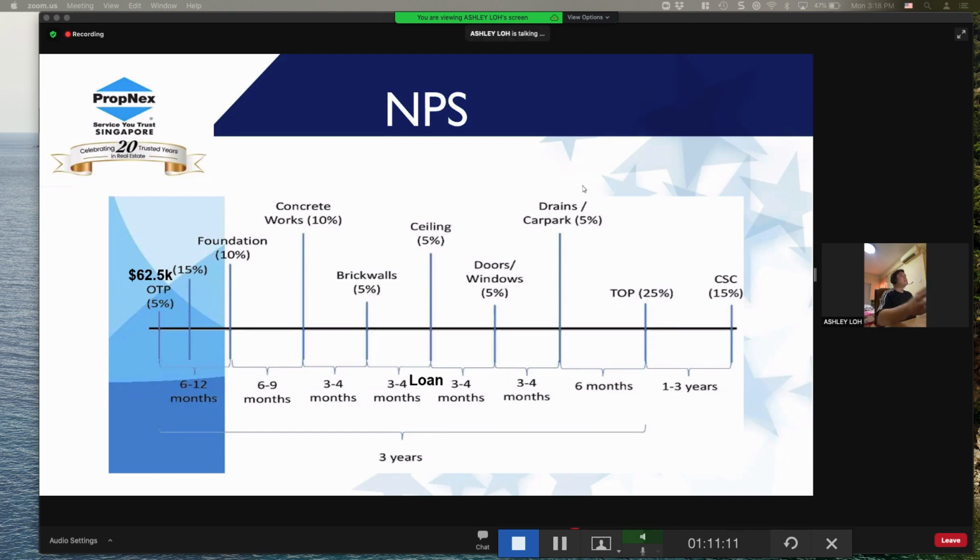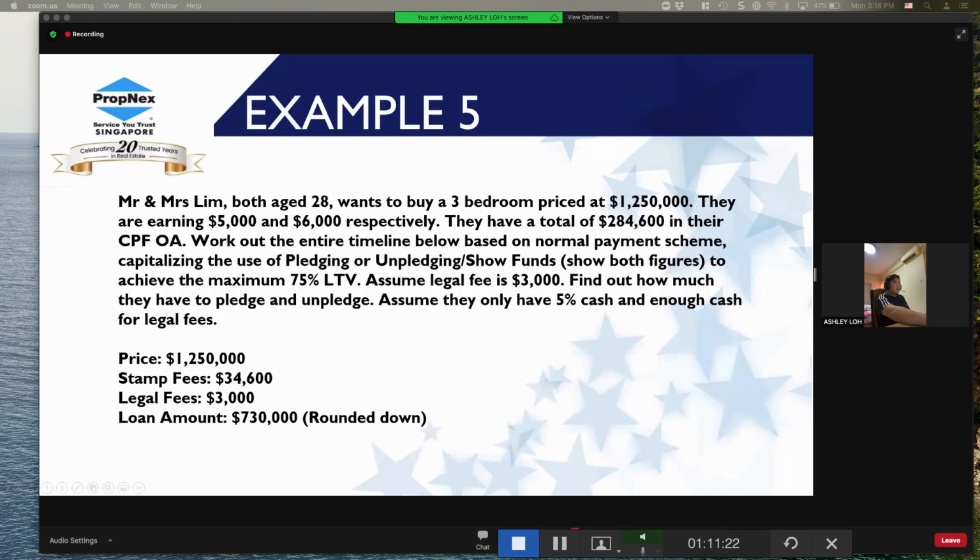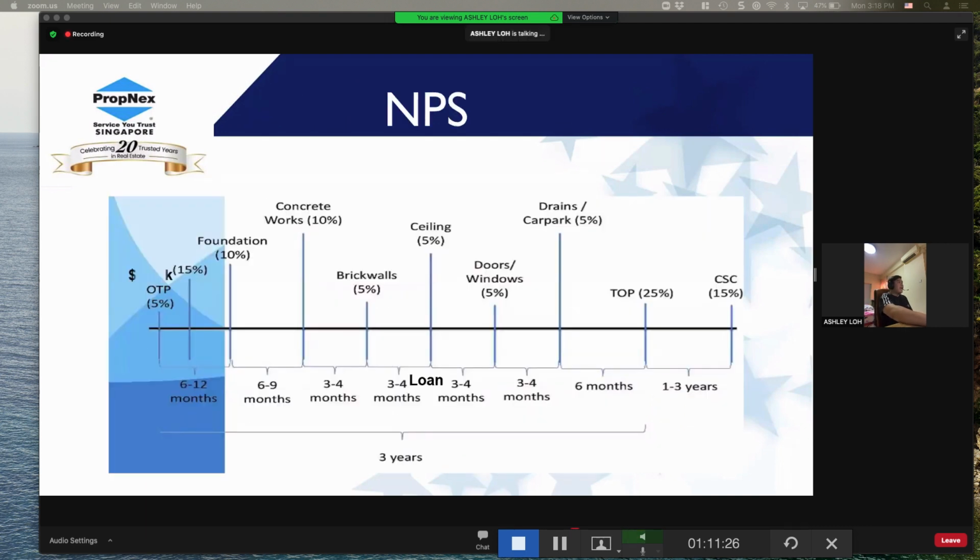In order to find out pledging and unpledging, I need to find out the shortfall amount. I already said they have the 5% cash, so this one is guaranteed.